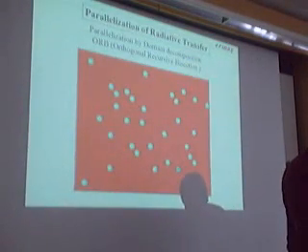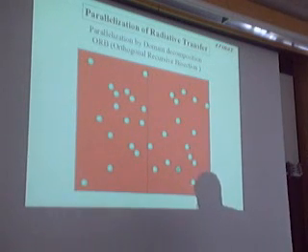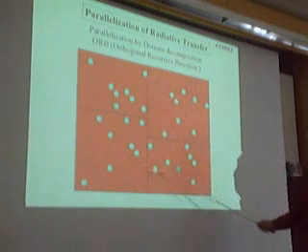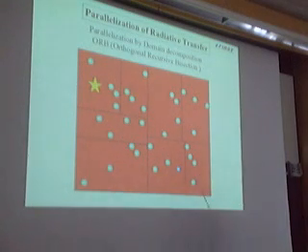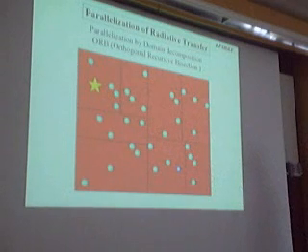And also we have done the parallelization of radiative transfer using this scheme. This is basically the orthogonal recursive bisection. There are many SPH particles, and if there is a source here, we should solve all of the lines of sight for the SPH particles.